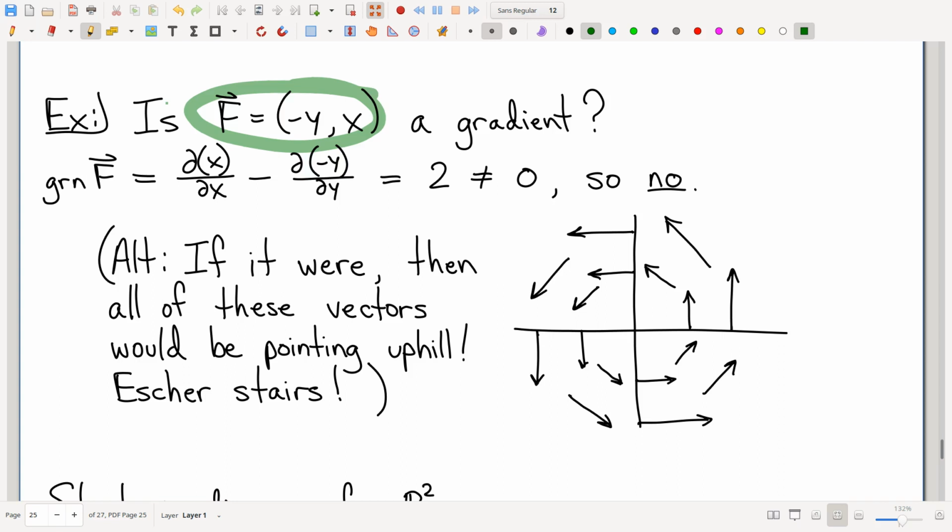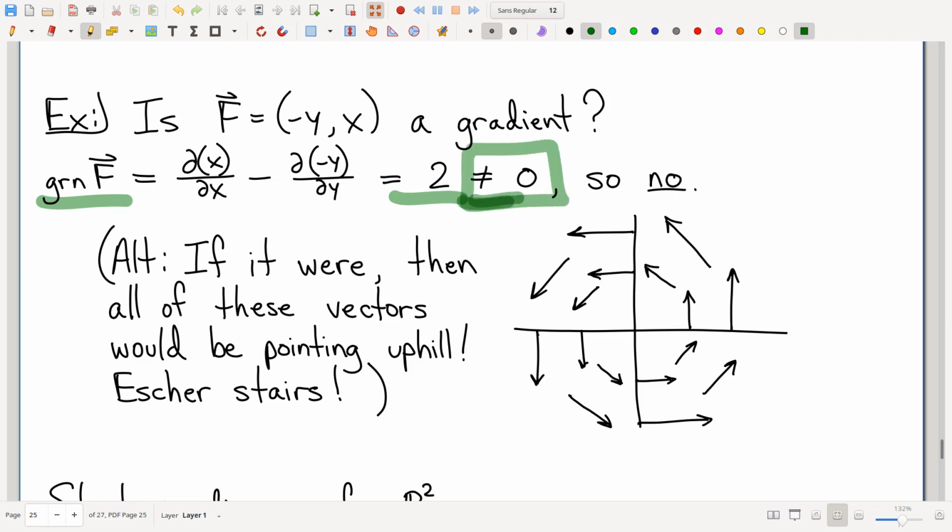It's hard to dream up what that might be. But you can just come at it very directly by computing Green's operator. You get 2. That's an easy calculation. 2 is clearly not 0, and so this is not a gradient. All right? Everybody happy? Okay.